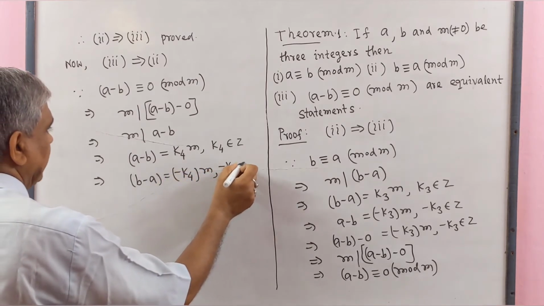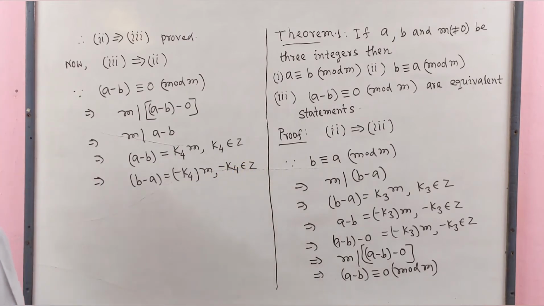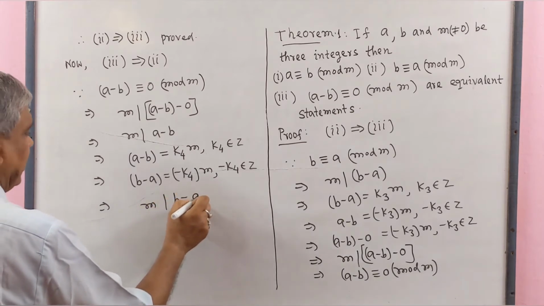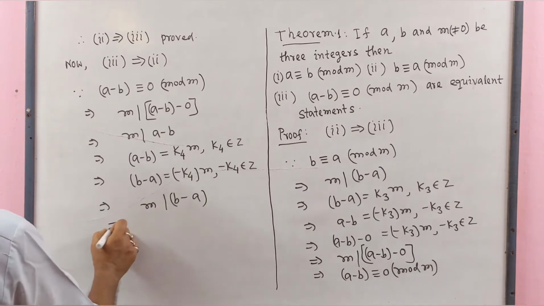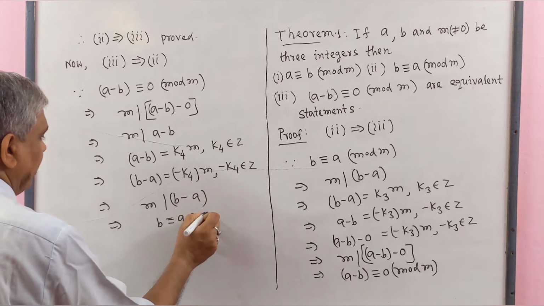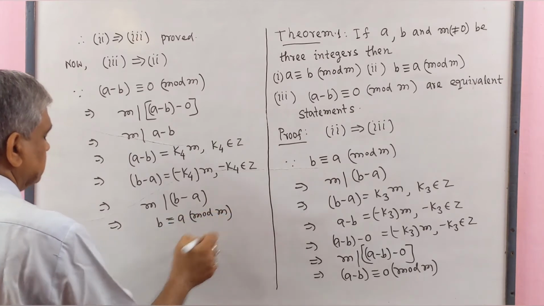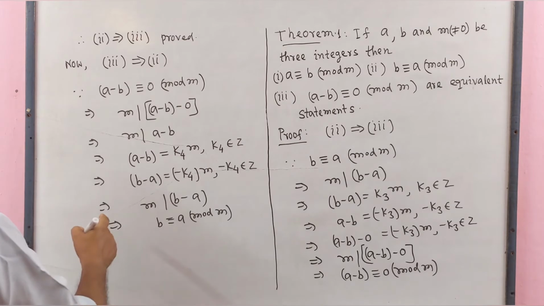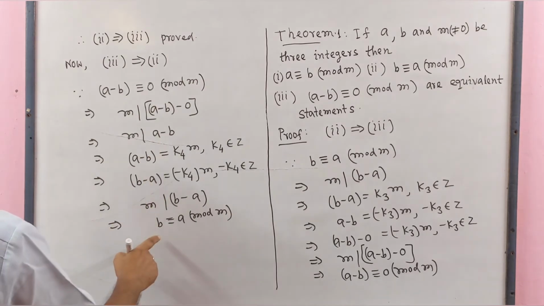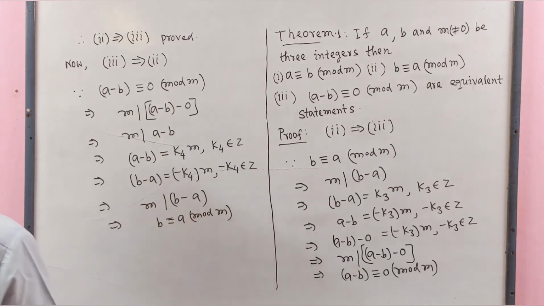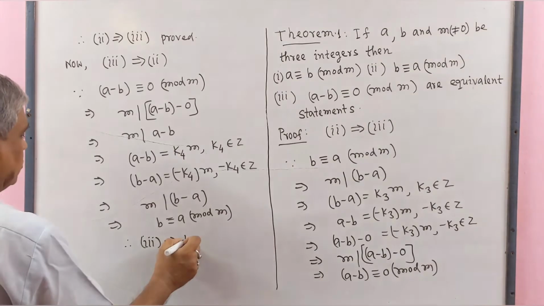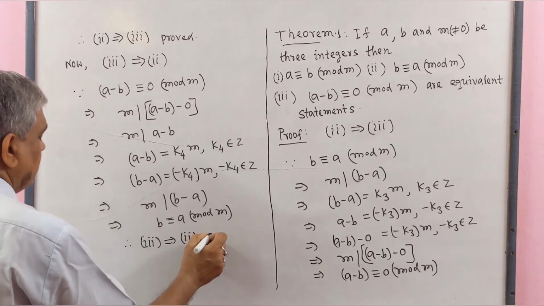Minus k4 is an integer. This means m divides b minus a, which implies that b is congruent to a modulo m. Therefore, we get a minus b congruent to 0 modulo m implies that b congruent to a modulo m. That means 3 implies 2 proved.